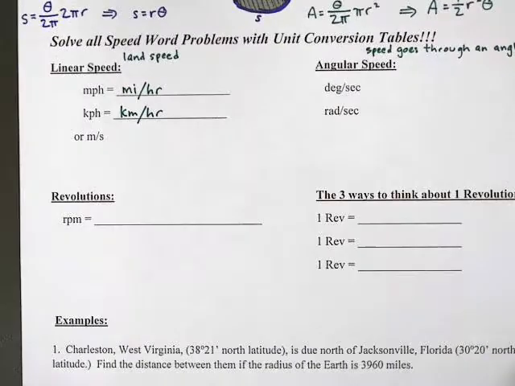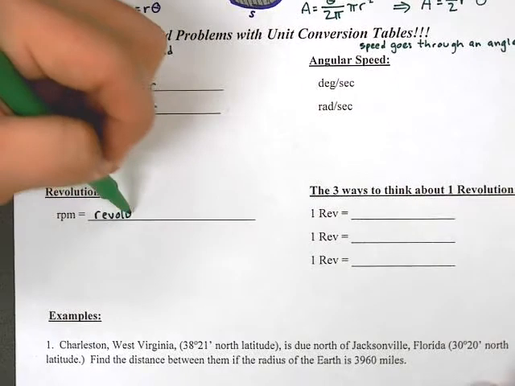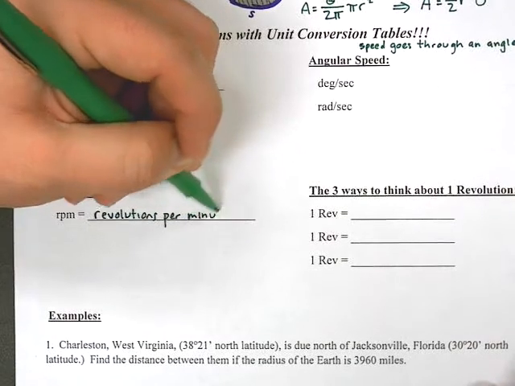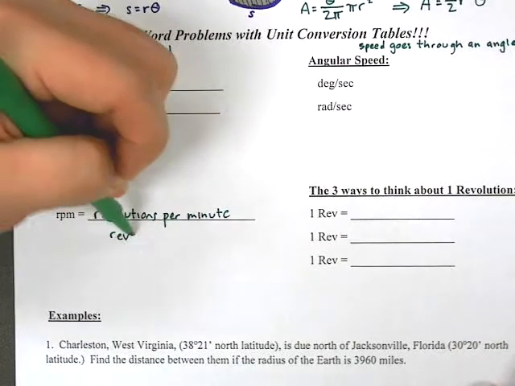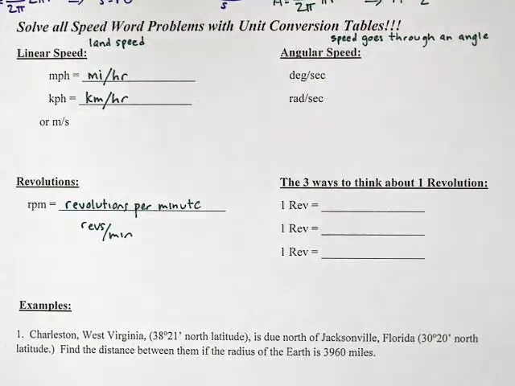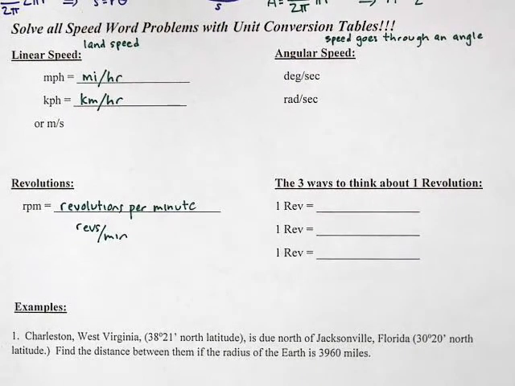When we get into revolutions, we know that RPM stands for revolutions per minute, or revs per min, however you want to write it. And then the ways that we think about revolutions, there's 3 ways. 2 of them have to do with angles, 1 has to do with length.